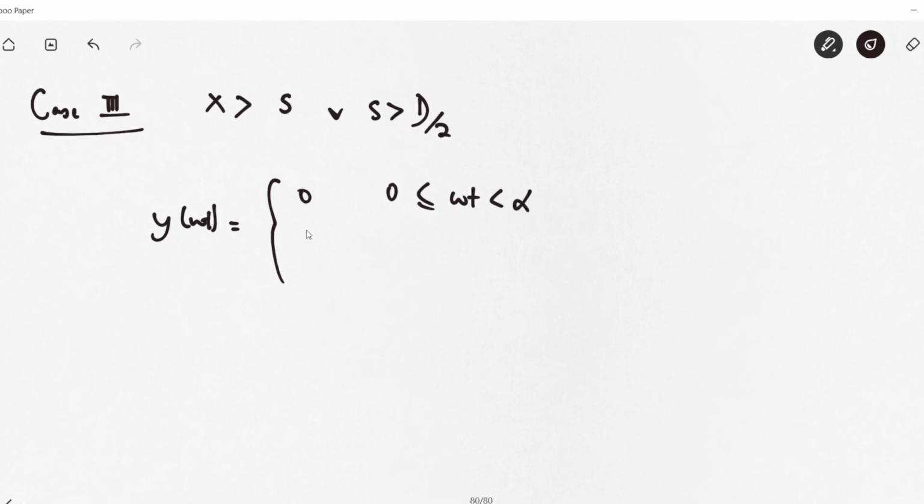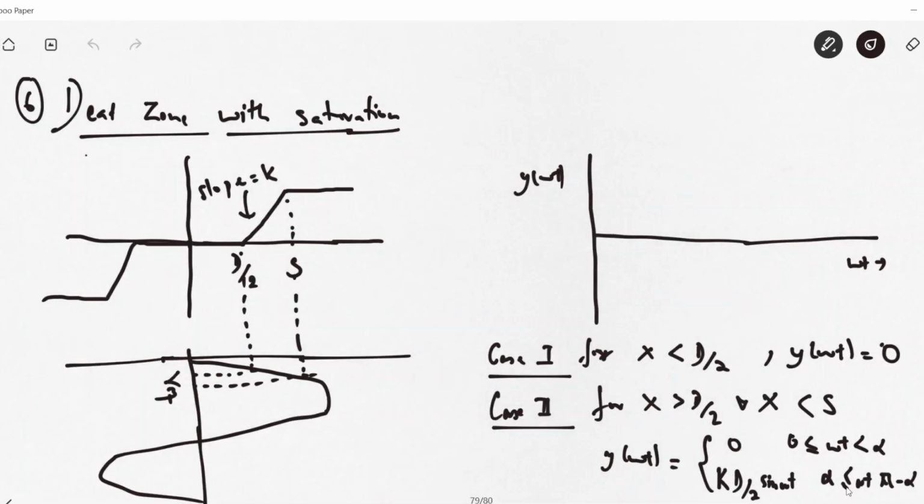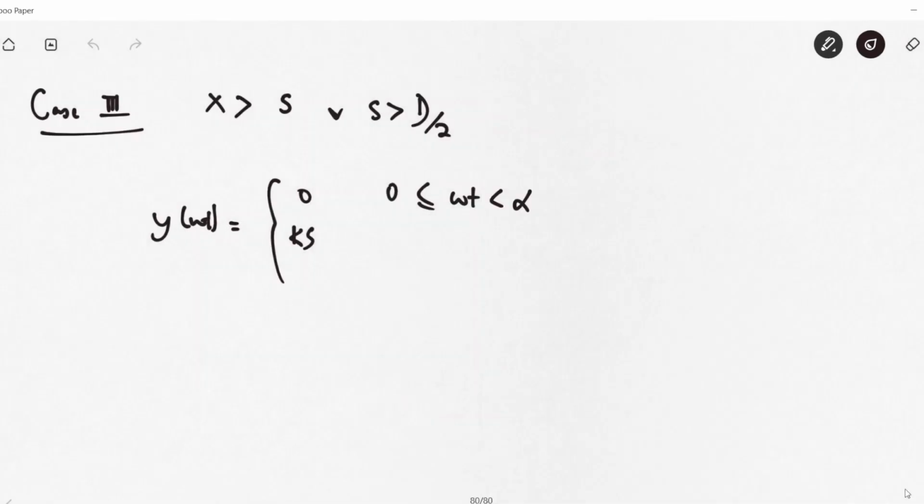It will be equal to k x sin omega t for alpha to beta.